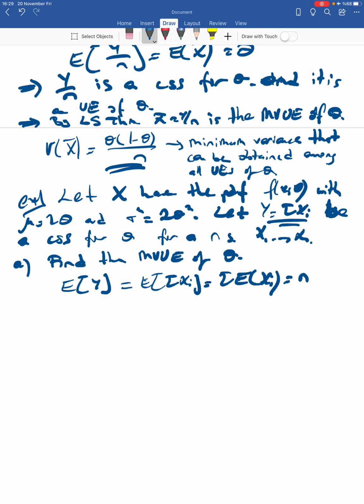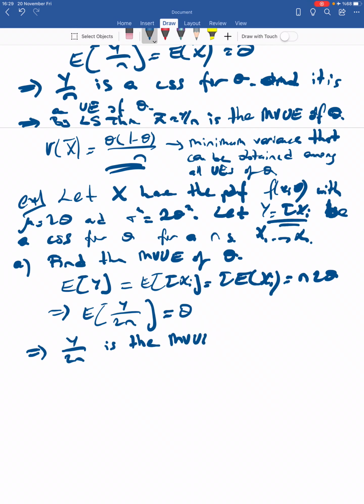Okay, so we have n times 2 theta. So this means that when we have y over 2n, we will have an unbiased estimator of theta. So y over 2n is the minimum variance unbiased estimator of theta by the Lehmann-Scheffé theorem.